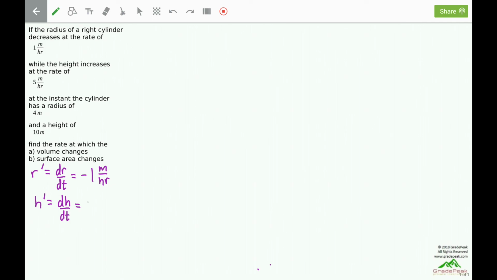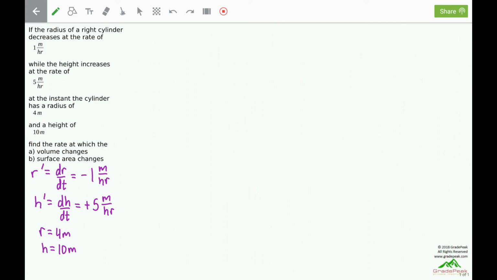It's increasing, and therefore will be positive, and has a rate of 5 meters per hour. Also given is the radius, 4 meters, and the height, 10 meters.